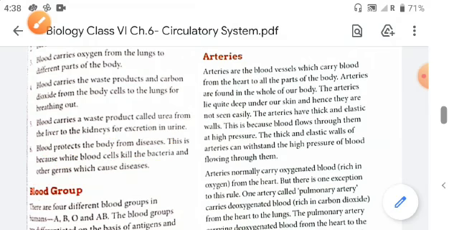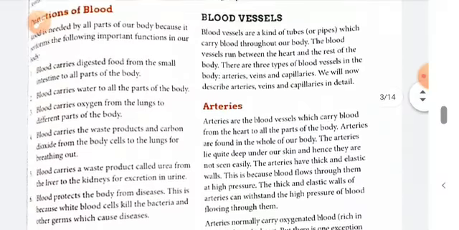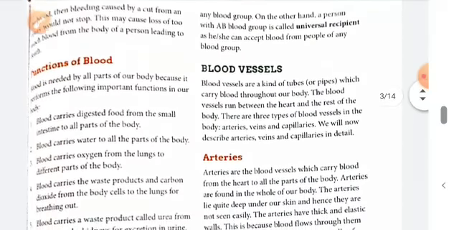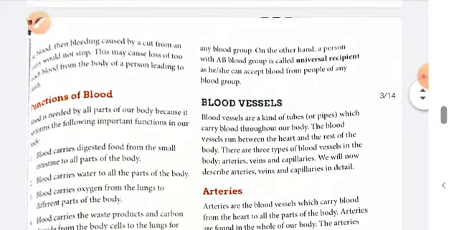Okay, now our next topic is blood groups. So about the blood groups, what is a blood group?